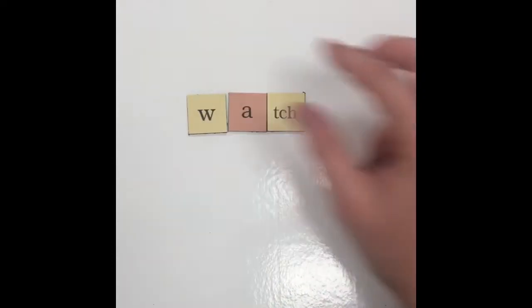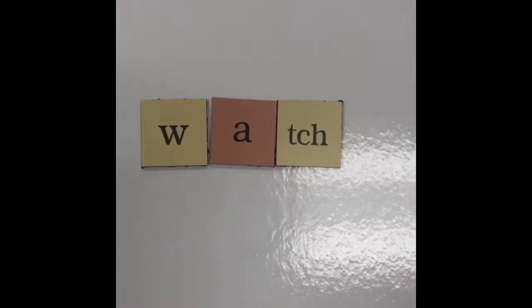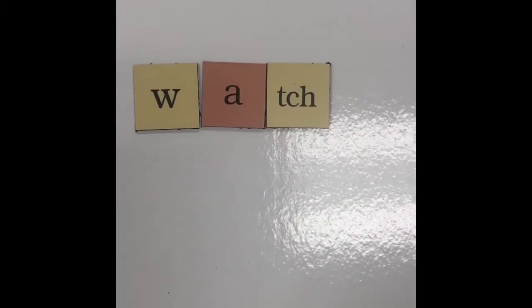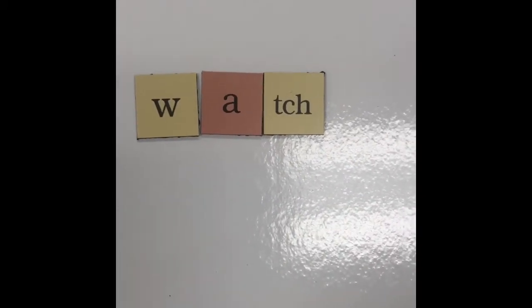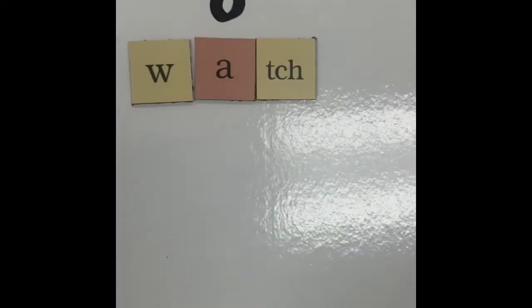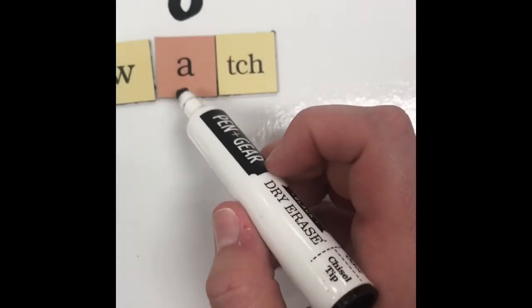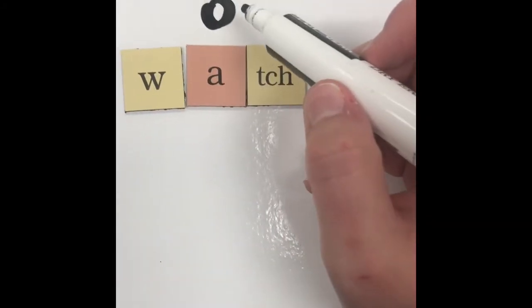Okay, what do you notice about this word? There's an A here, but does the A say a? No, it's one of those tricky words where A is saying ah. So I'm going to write a little O here with the breve because it sounds like a short O, but it's still an A and it still has a short vowel sound.